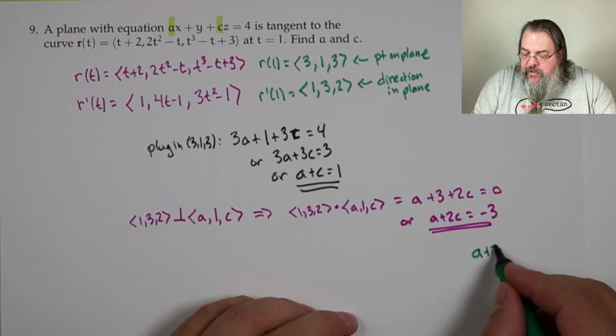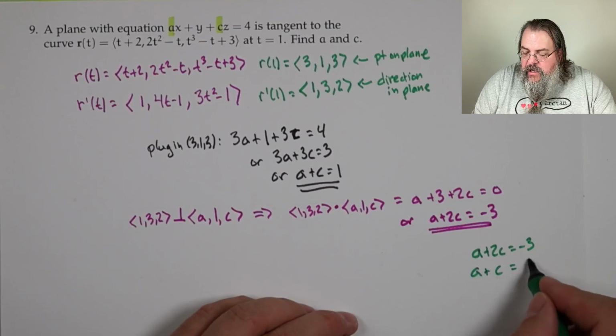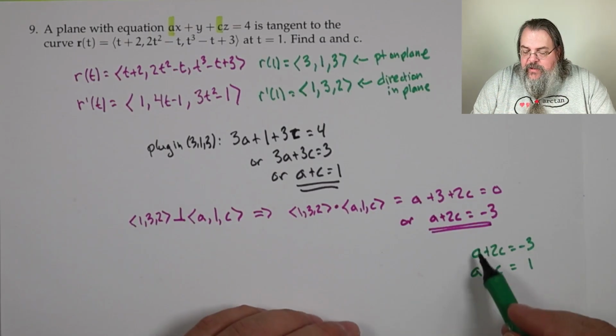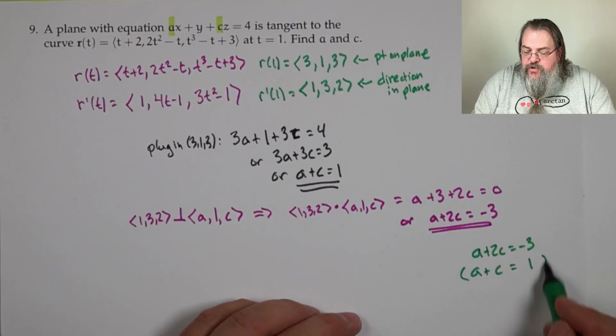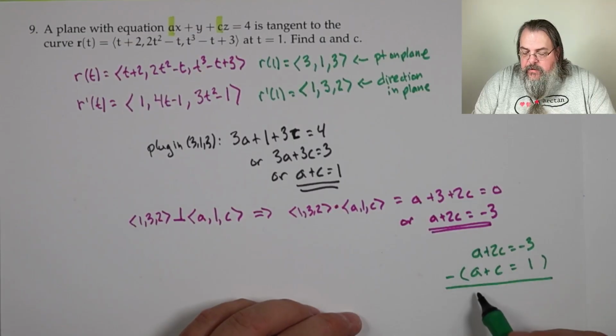All right, so a plus 2c equals negative 3, and a plus c equals 1. I try to shoot for elimination, and I see they both have a's. Let me subtract the second equation from the first equation. The a's go away. 2c subtract c gives us just c.